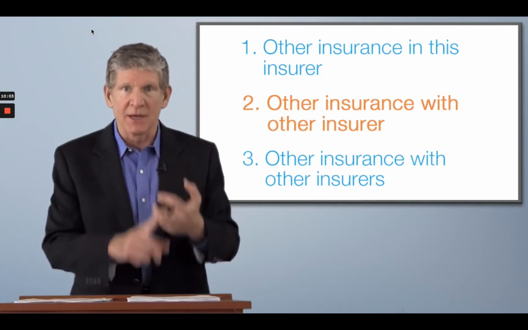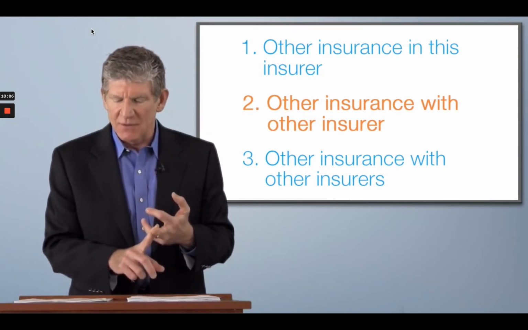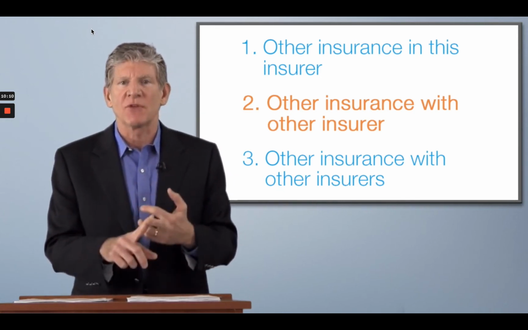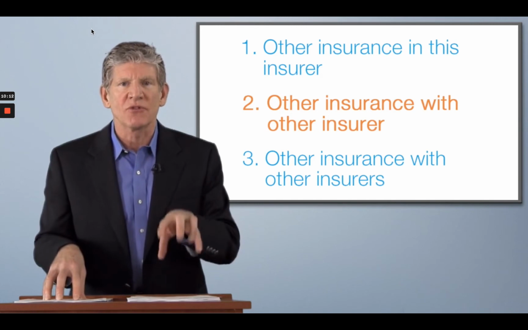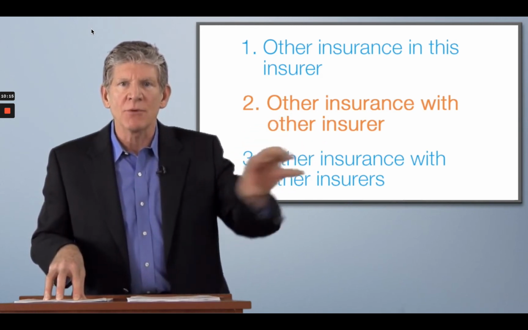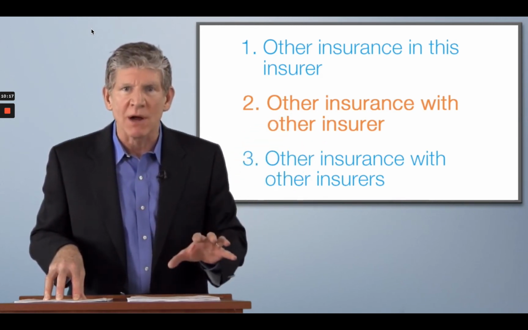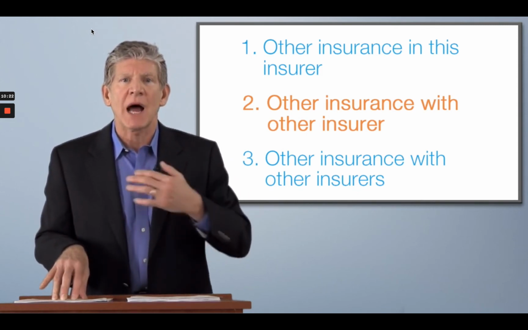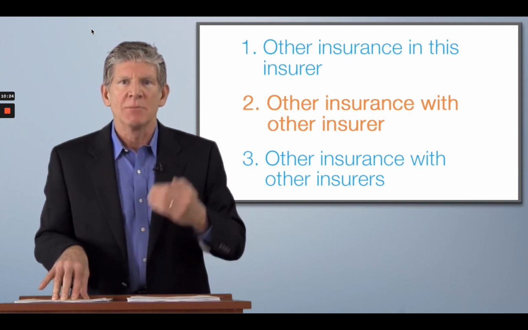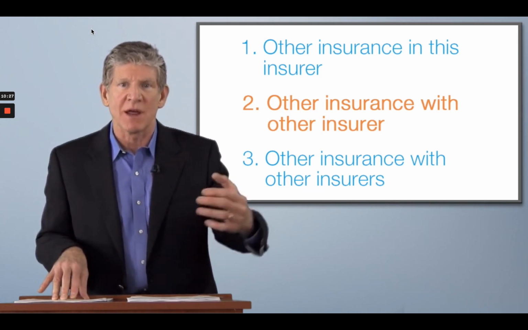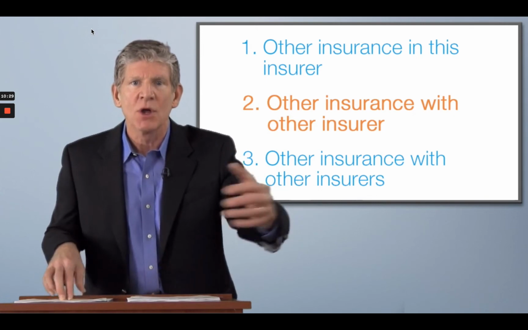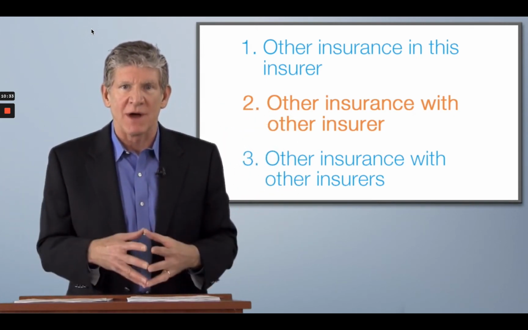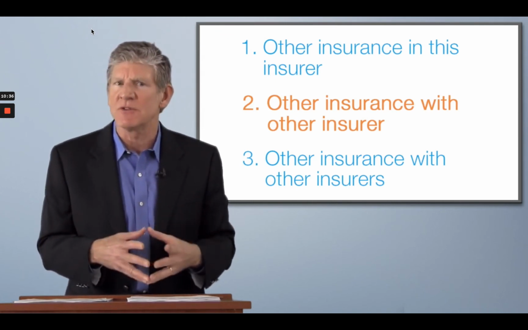In the second case, the other insurance with other insurer provision simply says if you have a policy similar to this one with another insurance company that we're not aware of, and we find out about it, we are going to adjust our benefits so that between our benefits and the benefits provided by that other policy with the other insurer, you will not be overinsured. Again, fairly easy to understand.